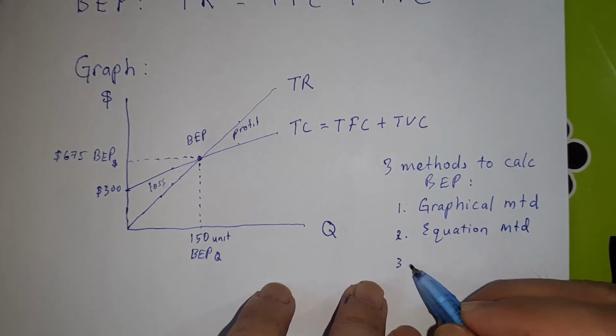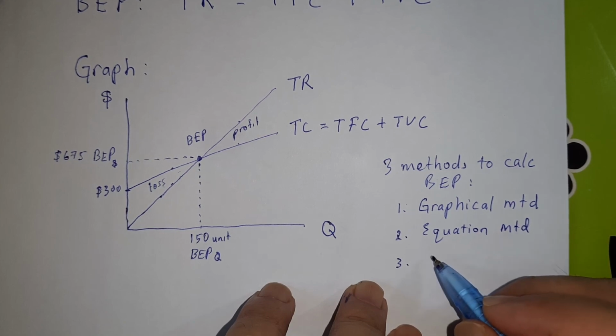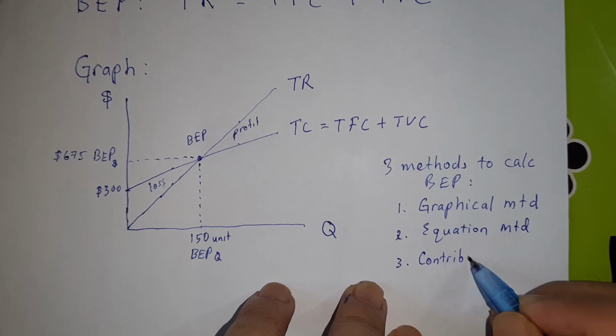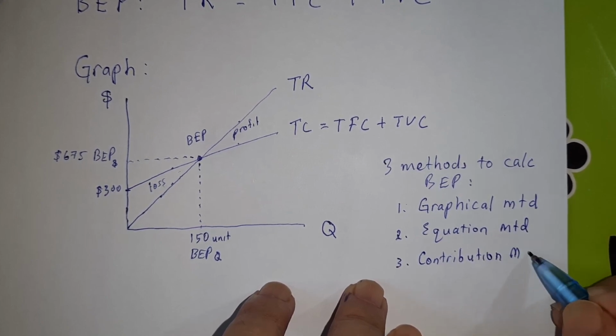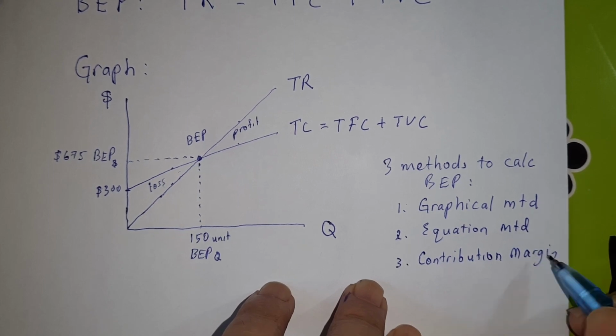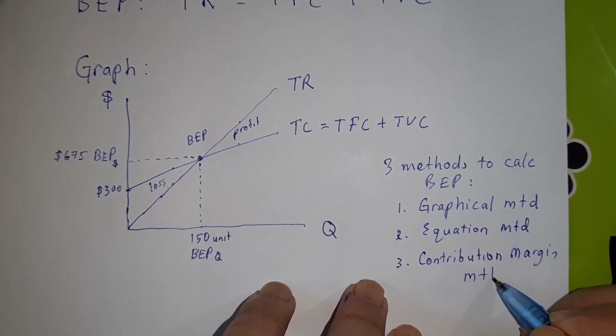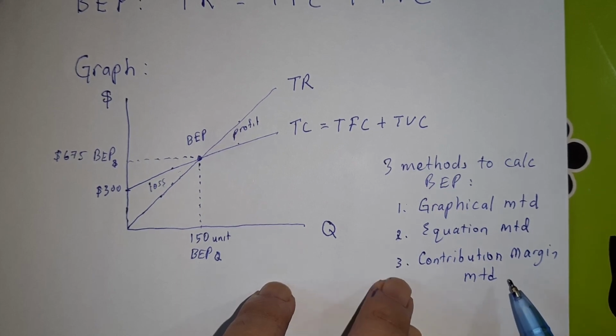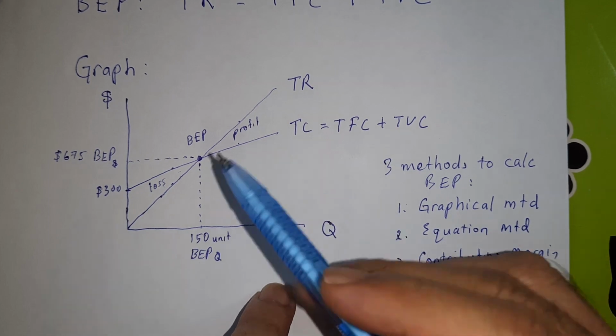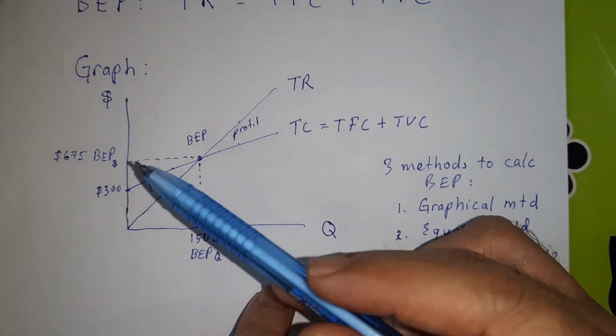The third method is called the contribution margin method. This method is the easiest one. You just have to memorize the formula to calculate the break-even point in terms of quantity and in terms of dollar.